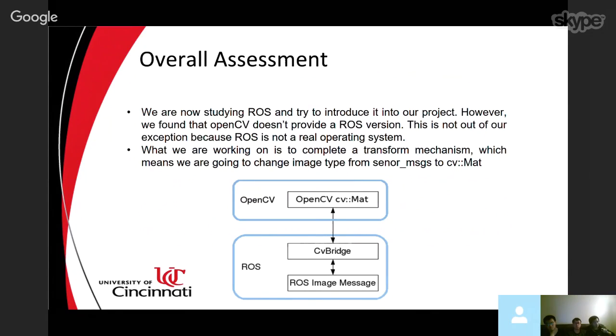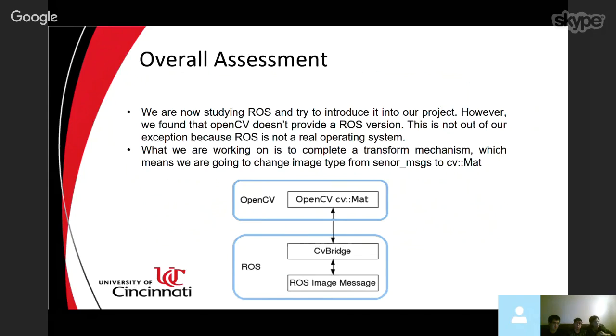However, we found that OpenCV doesn't provide a ROS version. This is not out of our expectation because ROS is not a real operating system. It's just like a framework. So what we are working on now is to complete a transformation mechanism, which means we are going to change the image type from sensor_msgs image to CvMat.